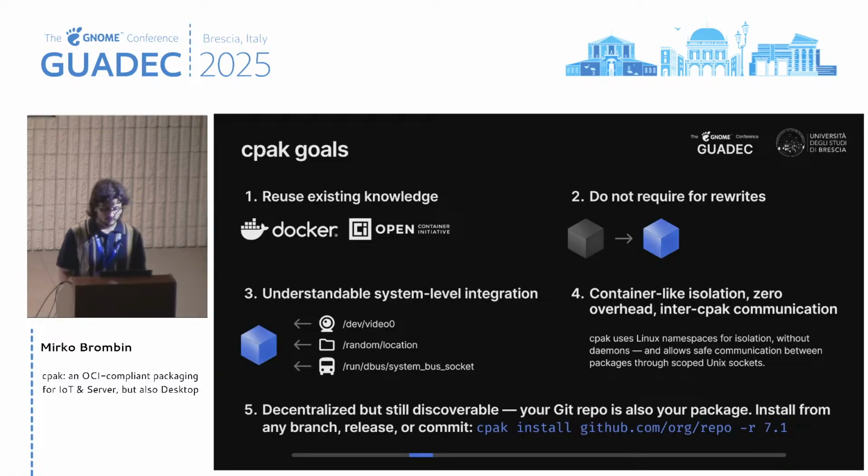I have a cpak for VS Code, and VS Code could need the Git binary, could need access to Git. What do I have to do? Implement Git inside the container, inside the same image of the VS Code cpak, or can I get access to a cpak that bundles Git?